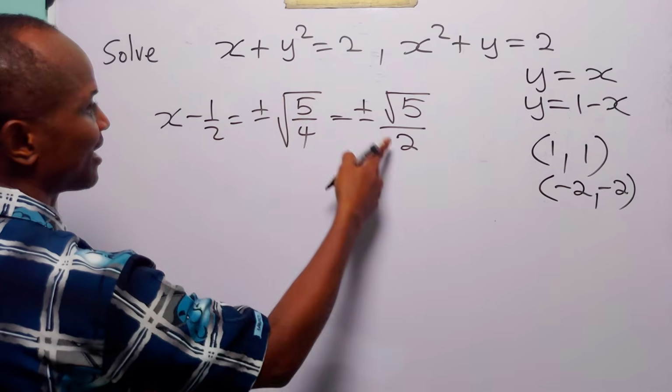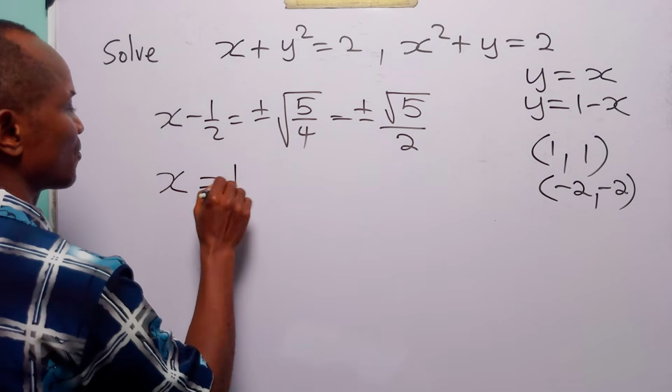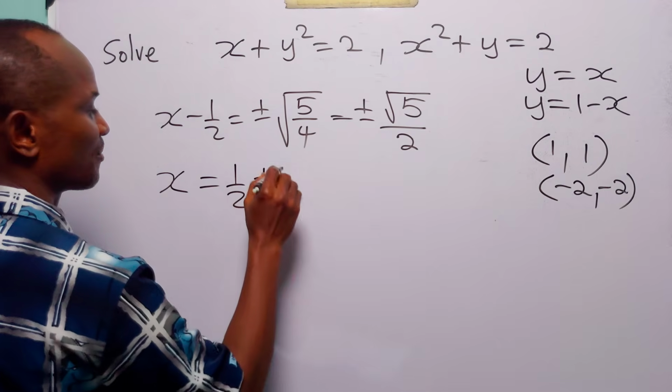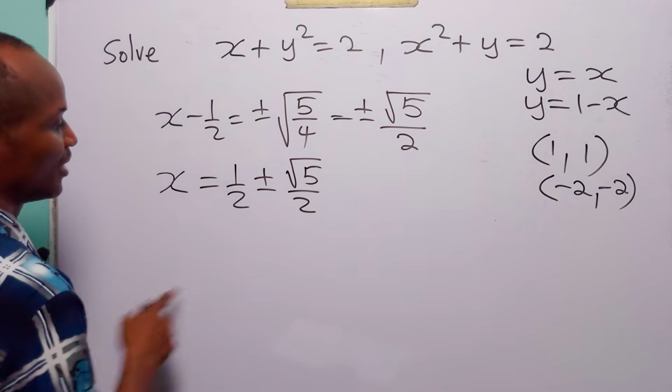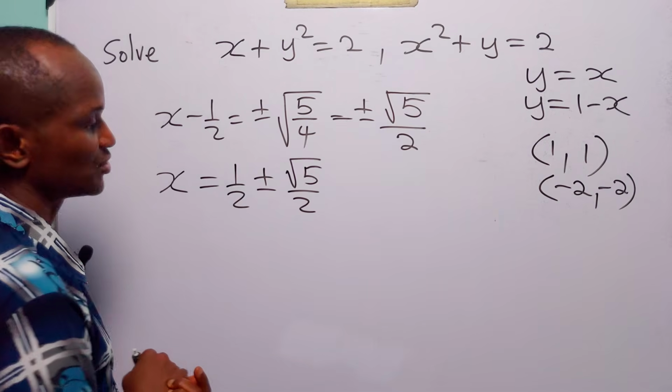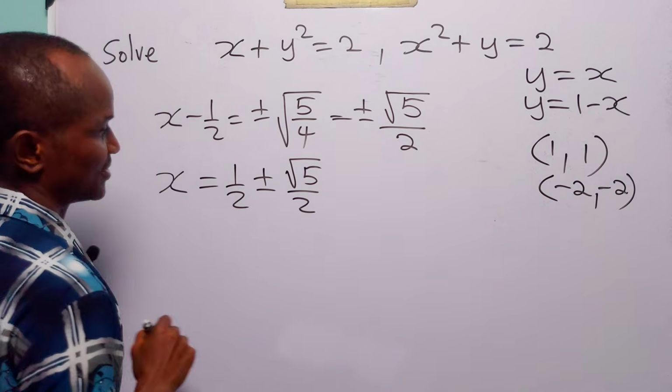And now we add half to both sides of the equation. We have that x is equal to half plus or minus root 5 over 2. Once more, we have two values of x. y is equal to 1 minus x.